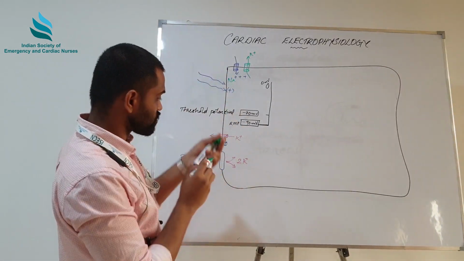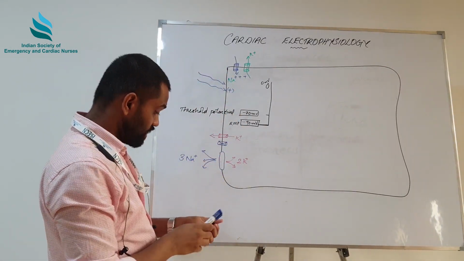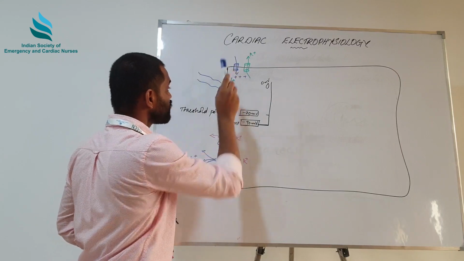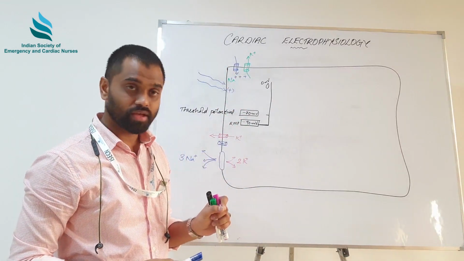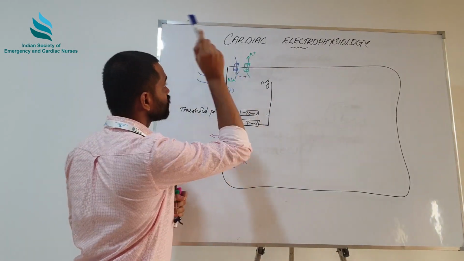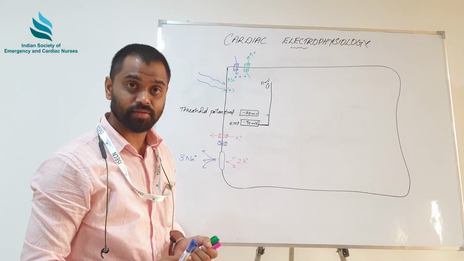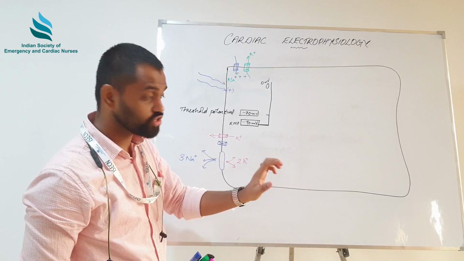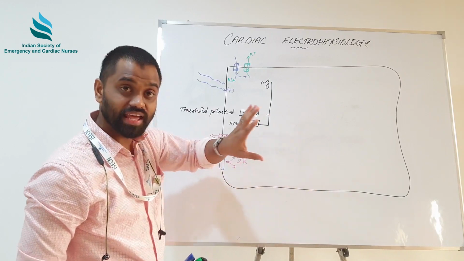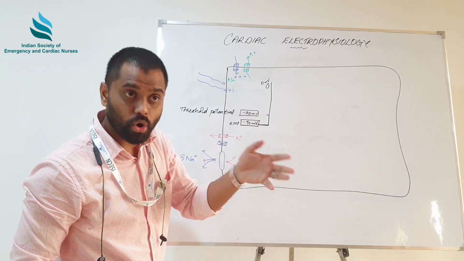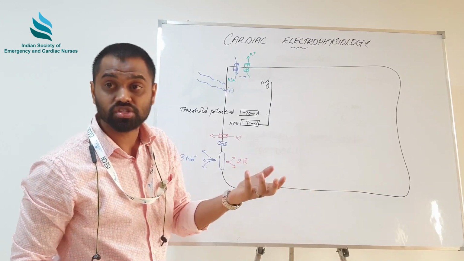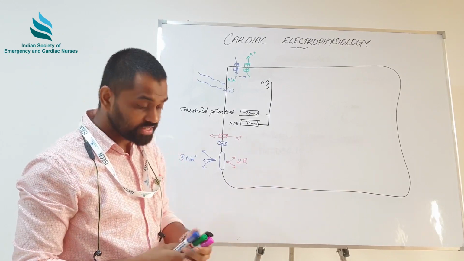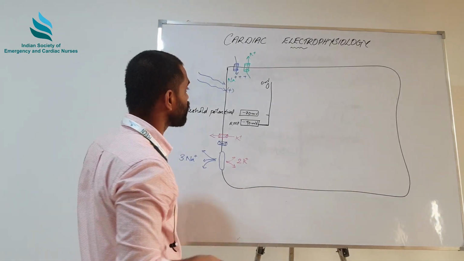Because the sodium channels are closed and the potassium channels are leaking, immediately after the phase 0 depolarization, the cell will again tend to lose cations.